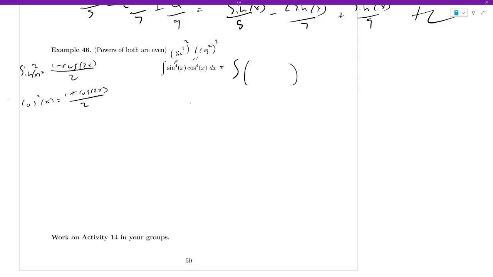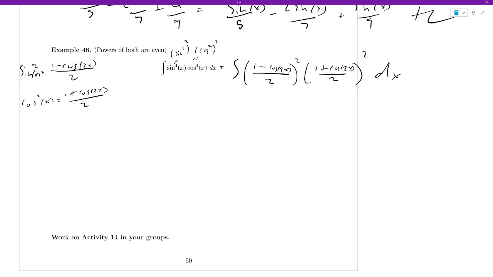First we'll do the first thing squared, and then the second thing squared. The first thing is sine squared, so I'll put 1 minus cosine 2x over 2. And this one's the cosine one, so we put 1 plus cosine 2x over 2.